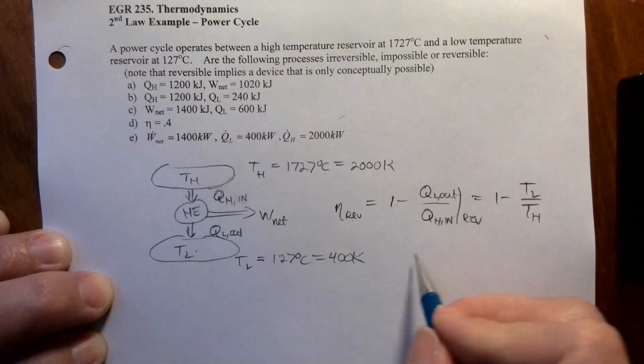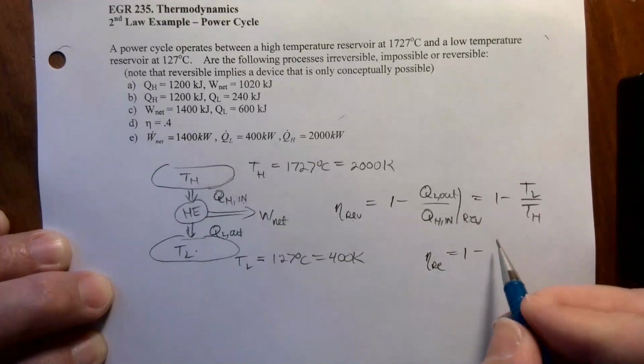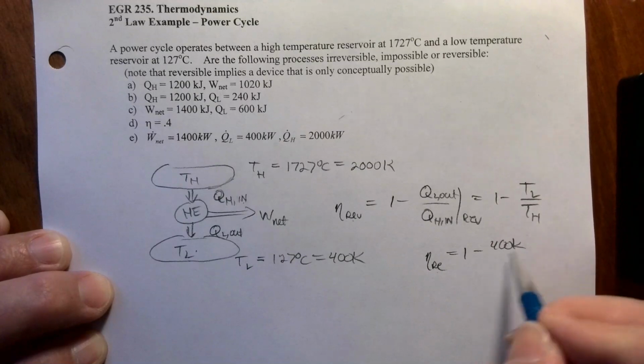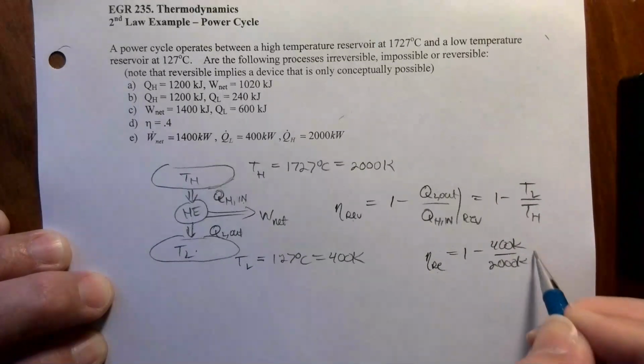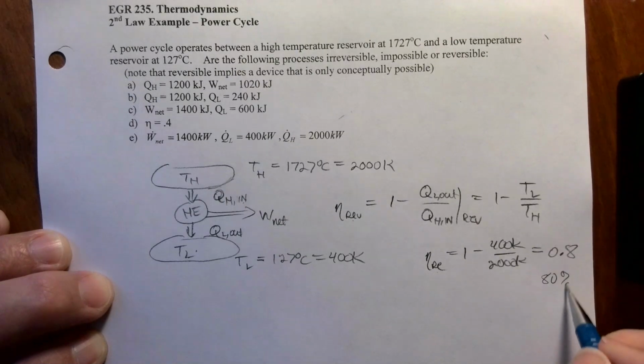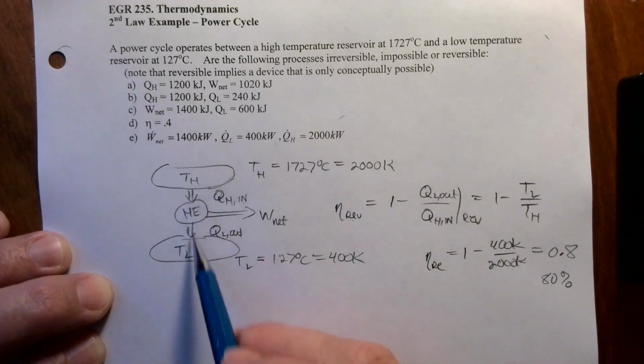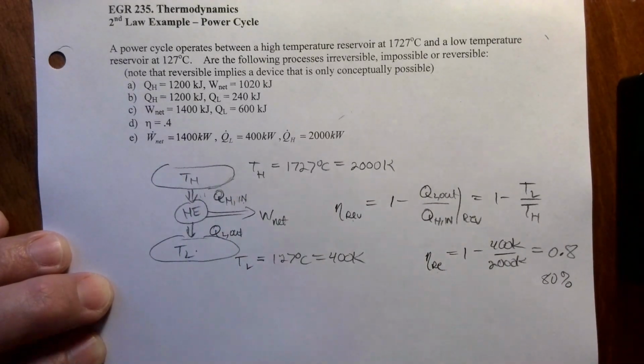So we can make a substitution. Our reversible efficiency in this case is 1 minus 400 K divided by 2000 K, so 0.8. So 80% efficiency is the highest efficiency that could ever be achieved for any heat engine operating between these two reservoirs.